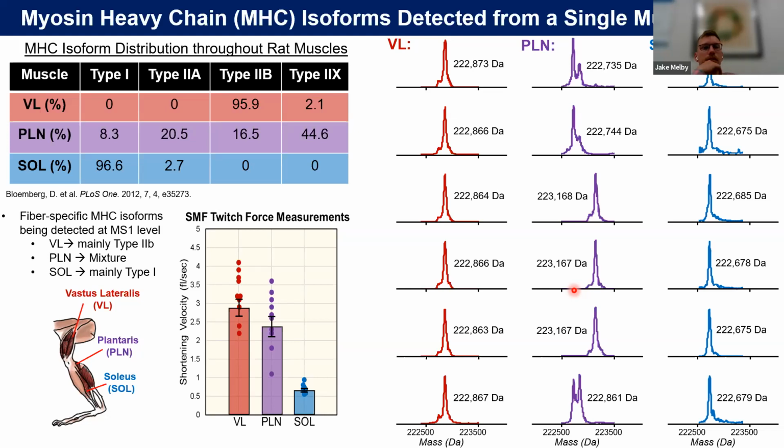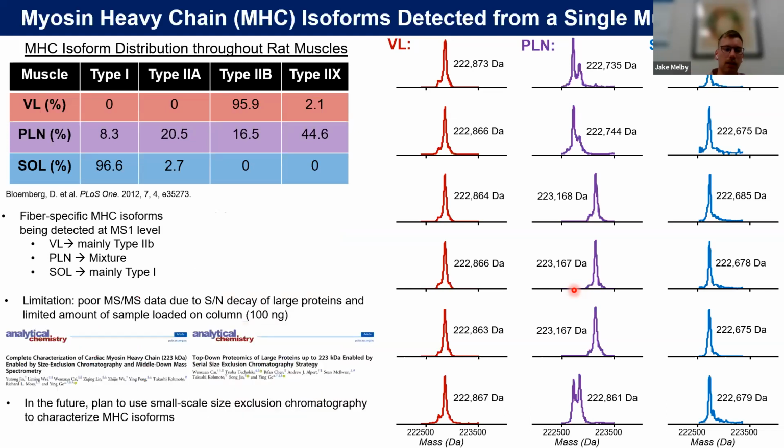So usually for top down, proteins above 50 kilodaltons become very difficult to analyze. And this is all just MS1 at this point. But I only loaded 100 nanograms of sample, which is pretty low. We were just using a quadrupole time of flight as a mass spectrometer.